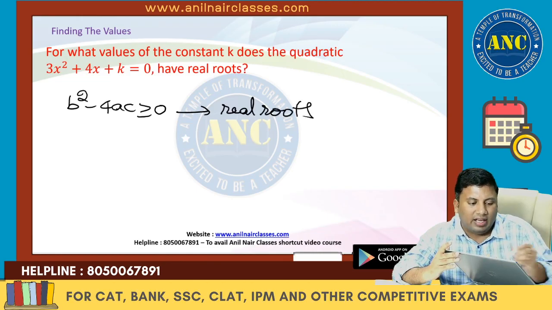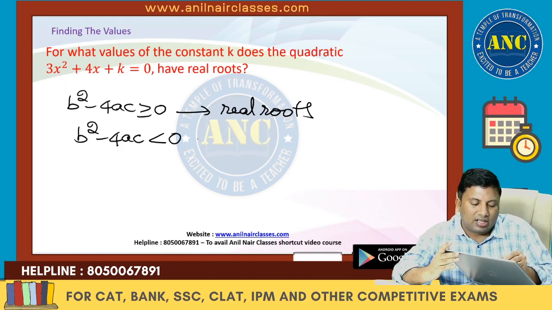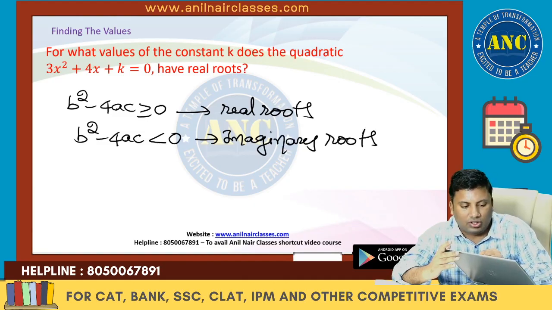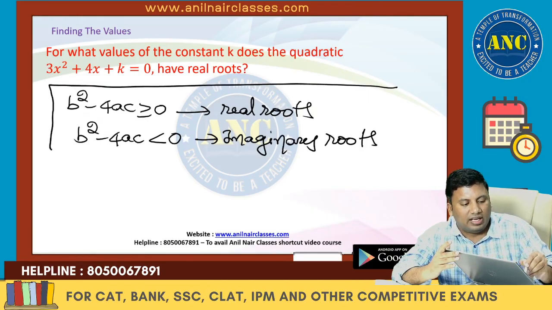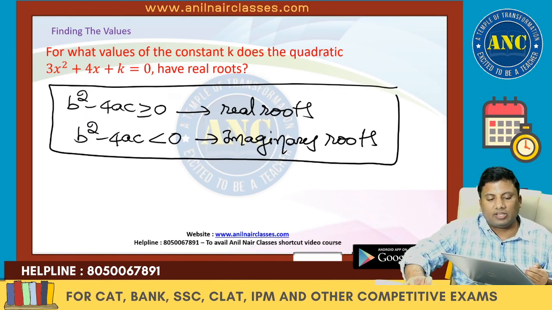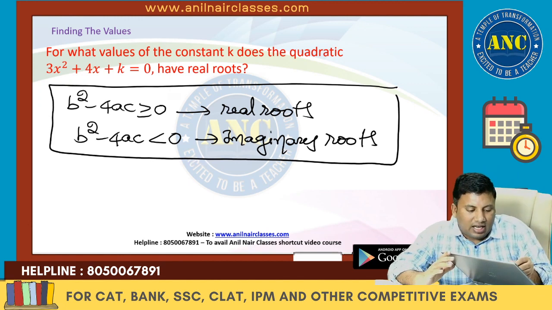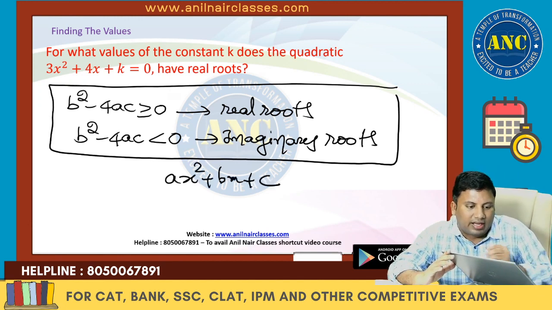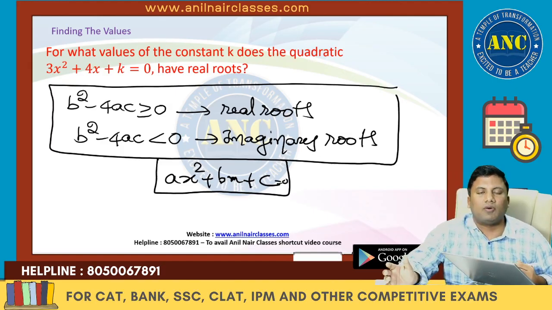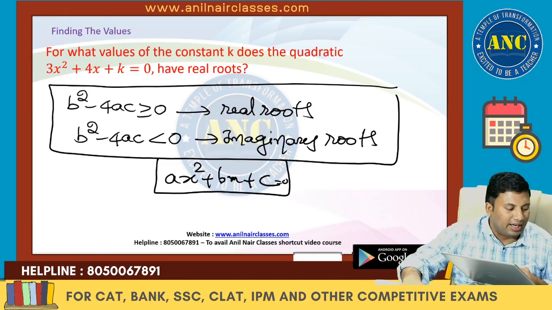B square minus 4ac less than 0, you will get imaginary roots. This is for the quadratic equation ax square plus bx plus c equivalent to 0. I hope the idea is clear.